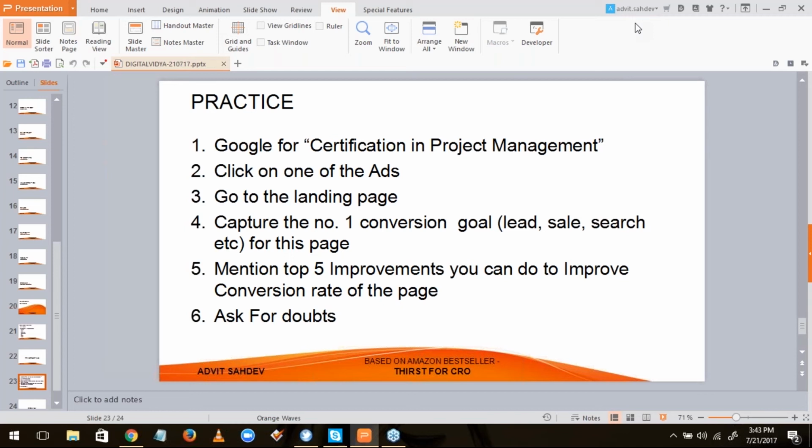Click on one of the ads or one of the links that come up, the first few links. Then go to the landing page. See what is the number one conversion goal of that page. Is it a lead? Is it a sale? Is it a search? And so on. And then think of 5 improvements that you can make on that page so that the conversion rate improves. And then of course we can discuss all of that.